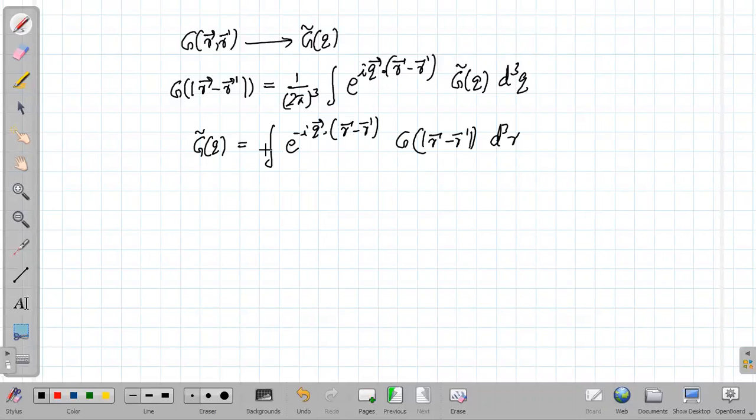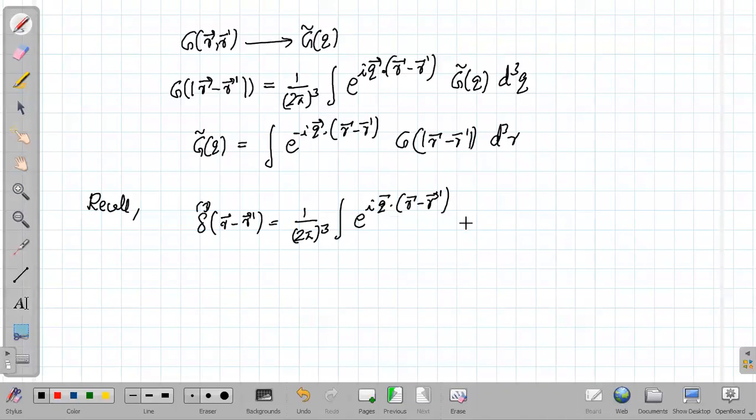Another thing we can recall is the definition of the Dirac delta function. The Dirac delta function, delta cube of r minus r prime, can be written as 1 by 2 pi cube integral e raised to i q dot r minus r prime d cube q.